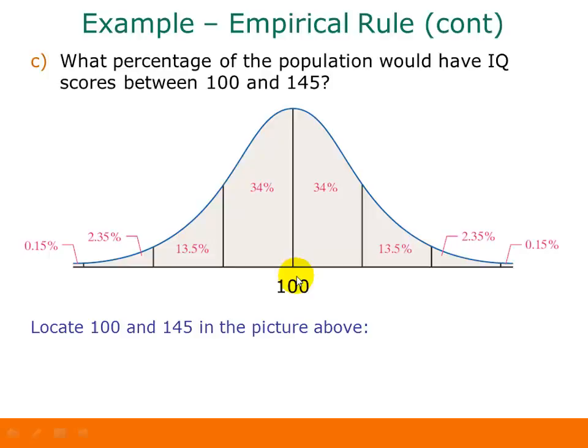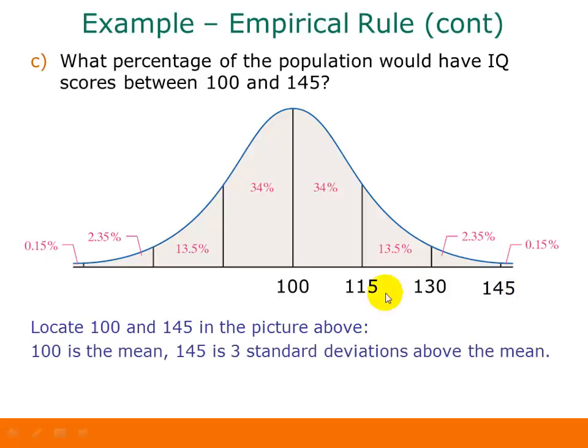And for the 145, we need to know how many standard deviations above the mean that is. If we go up by 1 standard deviation, we get to 115, then to 130, and finally to 145. So 100 was our mean, and 145 is 3 standard deviations above the mean.